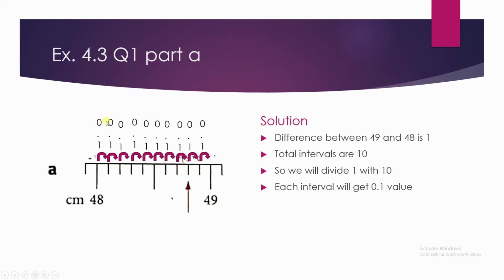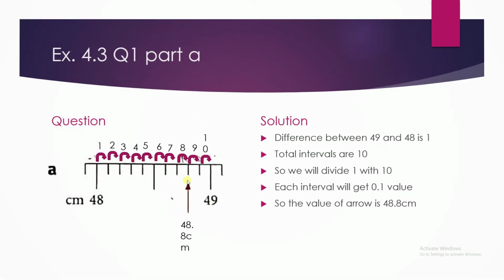After writing the values on the intervals, you have to see where the arrow is given. So the arrow is here. Before that, you have to see how many intervals are there before the arrow. So 1, 2, 3, 4, 5, 6, 7, 8. 8 intervals are before the arrow.